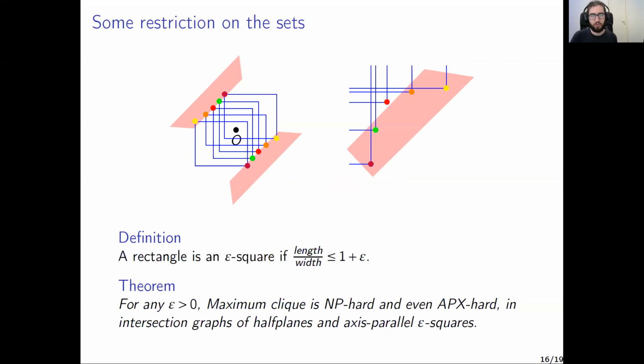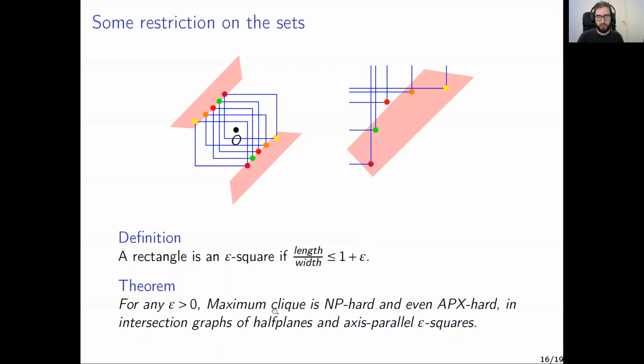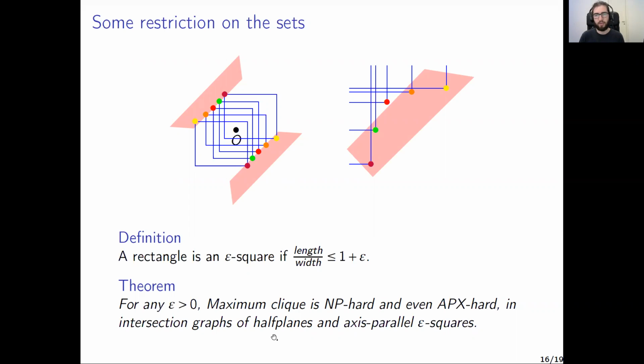Also, I can mention some more restrictions we can have on our set. And to show this theorem here, that maximum clique is APX-hard in intersection graphs of half planes instead of unit disks, you can see it by what I've said before. Actually, the only thing we need is to separate some consecutive points in a convex chain, and these half planes can do that as well as unit disks.